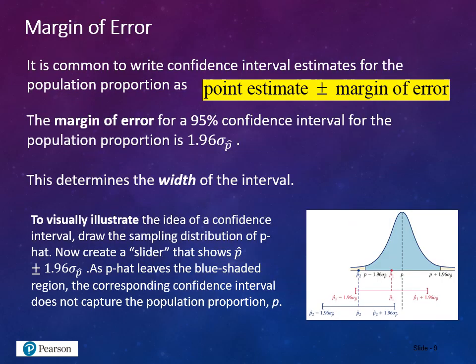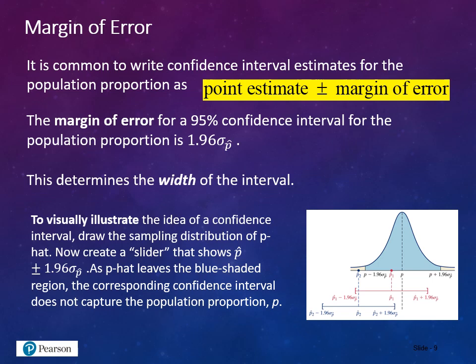It is common to write confidence interval estimates for the population proportion as point estimate plus or minus the margin of error. And this is what I was speaking to before, that when you see surveys, especially political surveys or anyone that's doing surveys and publishing them, they will usually give their margin of error, plus or minus 3% points, etc. And this is some indication of the confidence level.